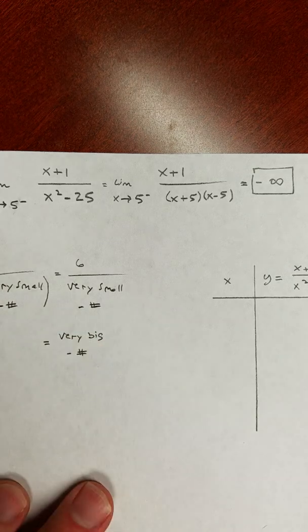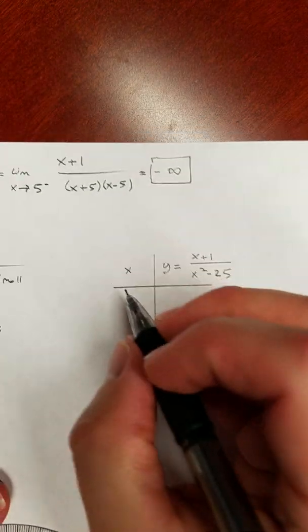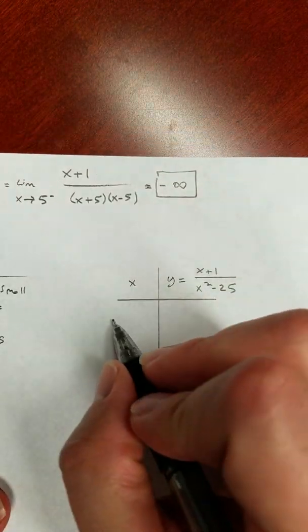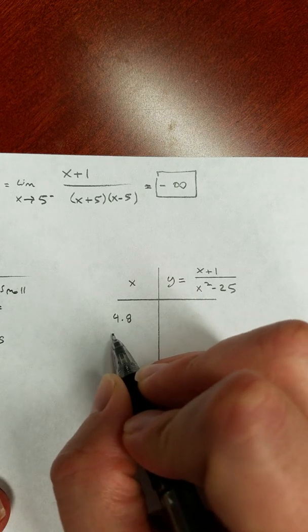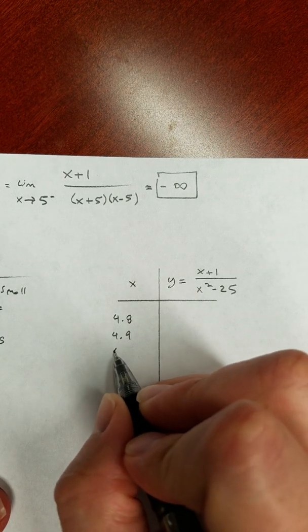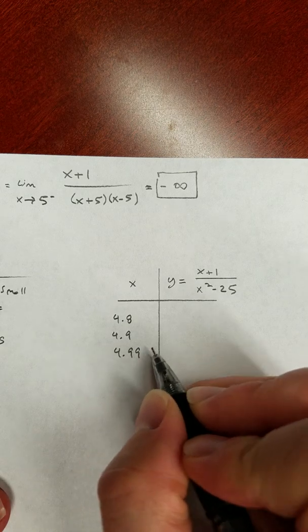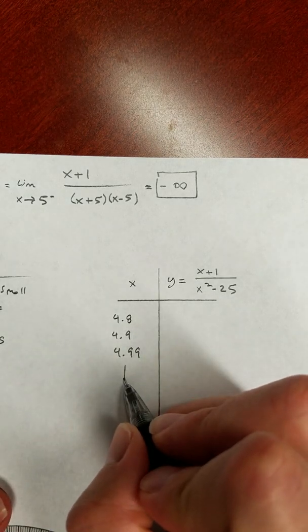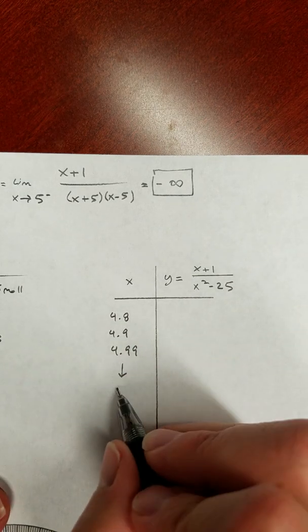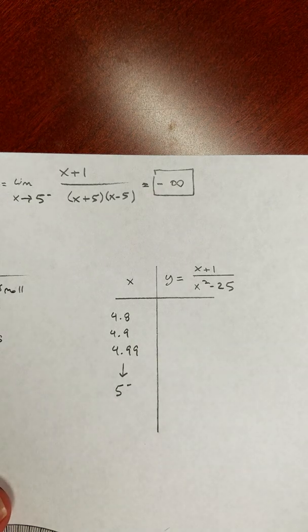So I'm going to 5 from the left. That might look like 4.8, 4.9, 4.99. This or something a lot like that is x going to 5 from the left.